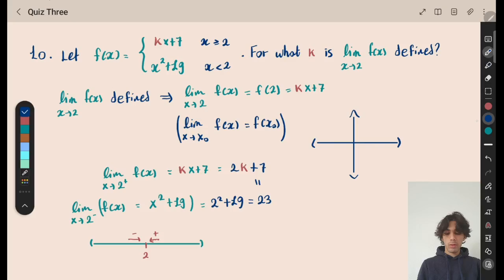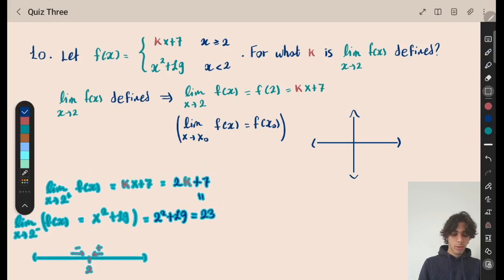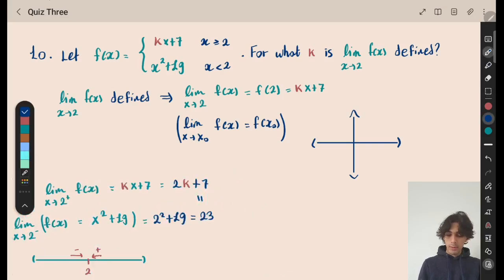Let's imagine, actually, I think I can plot it myself, but I need to solve for k first. So I want you to believe that this is true for a minute now. And if this is true, then k will be equal to 23 minus 7, which is, I think, 16, and divide by 2, you get 8.